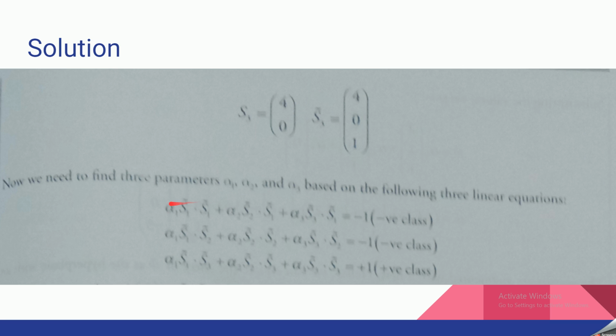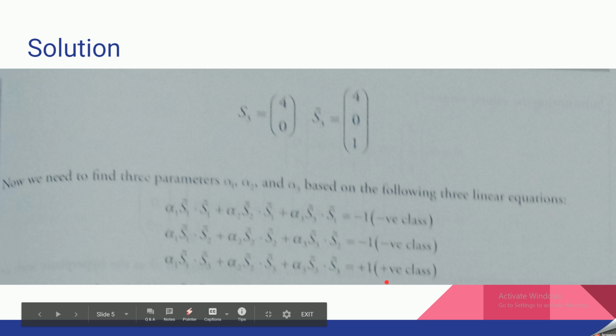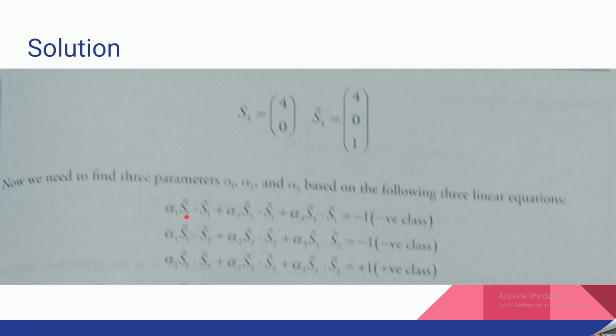So what has been done? We need to find the parameters alpha 1, alpha 2, alpha 3 based on the following 3 equations. We consider S1 and S2 to fall on the negative class and S3 to be the positive class. So we are going to consider the dashes, that is, the inputs that we have augmented with 1, which is your bias.